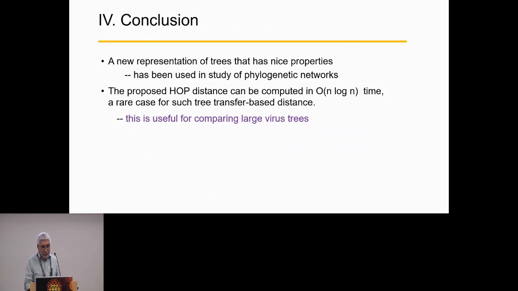This distance can be computed in n log n time. This is very rare. Normally, when you define the distance based on the tree transformation, then the distance is NP-hard. Also, I think this is useful to compare large trees.